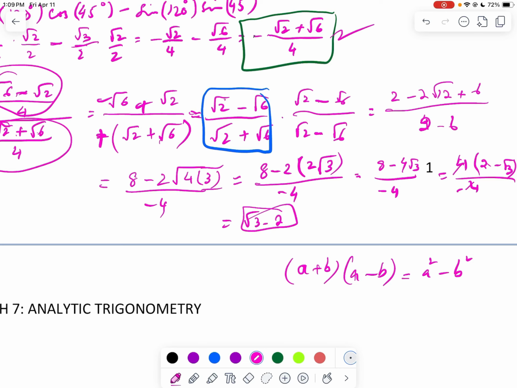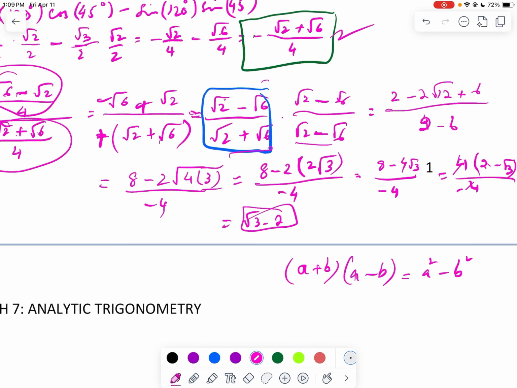So when I multiply the two denominators here, I'm multiplying by the conjugate of square root of 2 plus square root of 6.